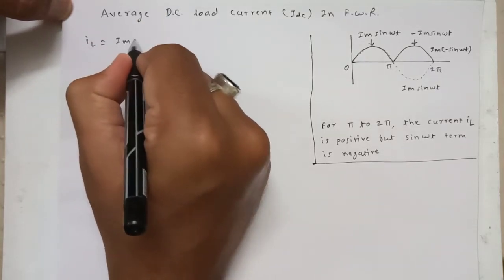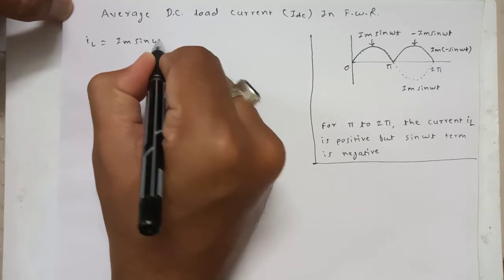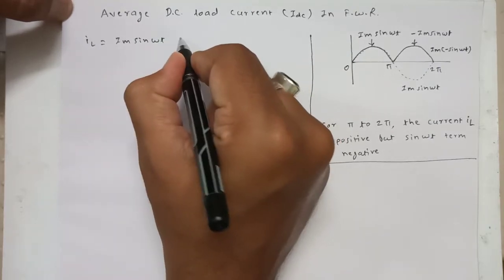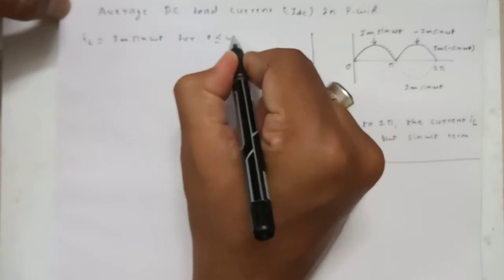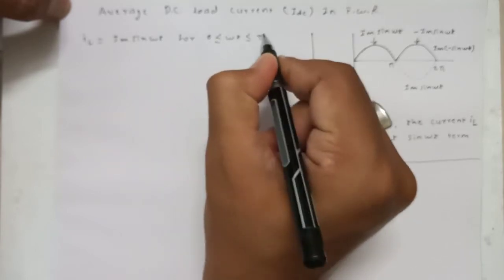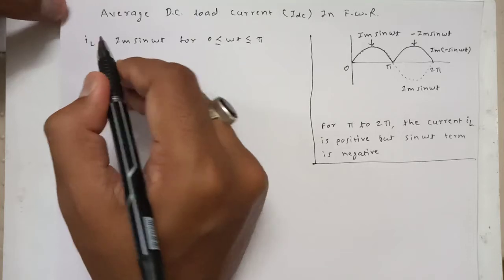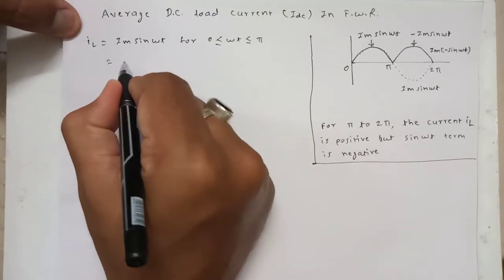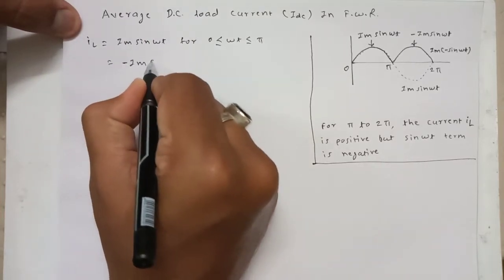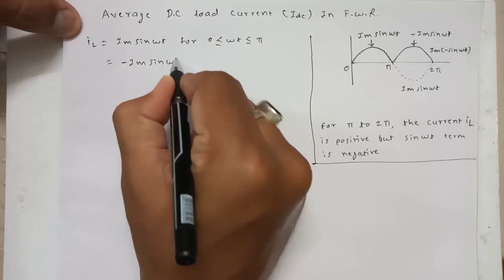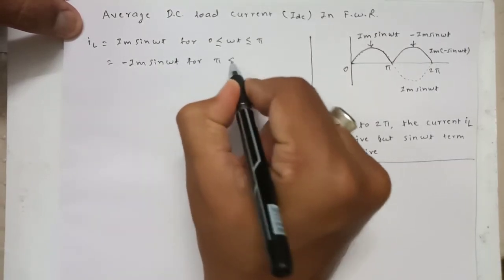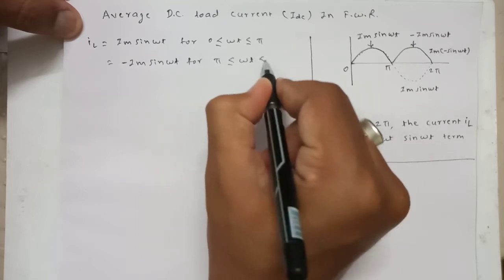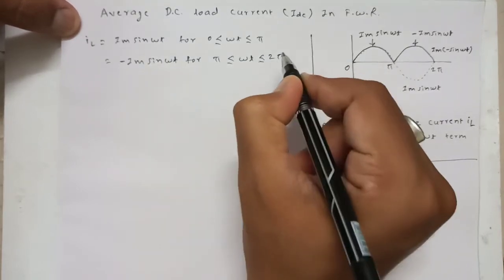Now what we can write here: the equation for the load current, that is IL, is equal to Im sine omega t for the phase angle 0 to pi, and the value of IL is minus Im sine omega t for the angle pi to 2 pi, right?